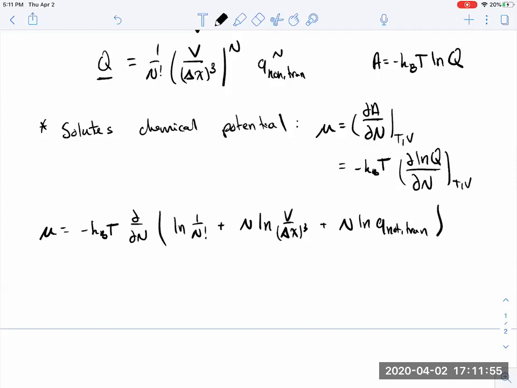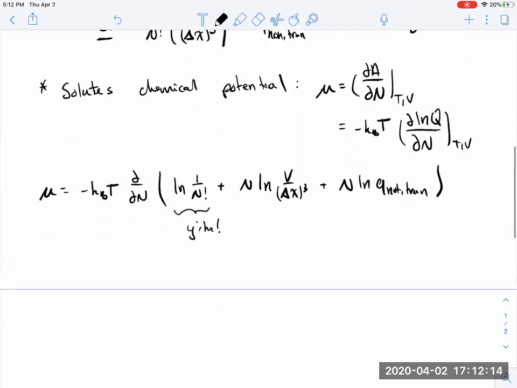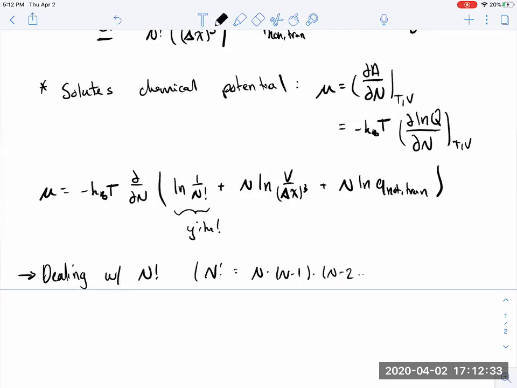So the second and third terms on the right-hand side of that equation have simple forms. The log of n factorial, however, is a little scary. You all have probably already dealt with that a little bit on your homework. Let's discuss it in a little bit of detail. We remember that n factorial is equal to n times n minus 1 times n minus 2, and so on.